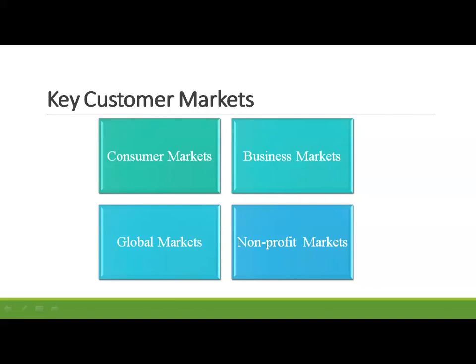Last, non-profit and government markets. Companies selling to non-profit organizations with limited purchasing power, maybe temples, churches, universities, charitable organizations, and government agencies, need to price carefully.